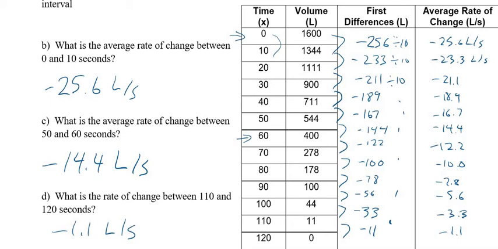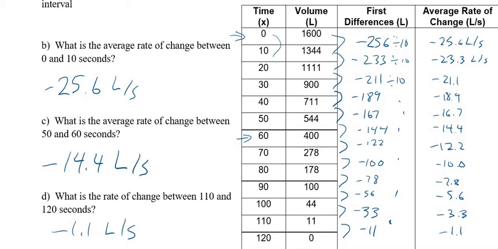So let's talk about this data and see if we can figure out what this means. From 0 to 10 seconds, our average rate of change is negative 25.6 liters per second. What that means is that every single second between 0 and 10 seconds, on average, we're losing 25.6 liters per second.